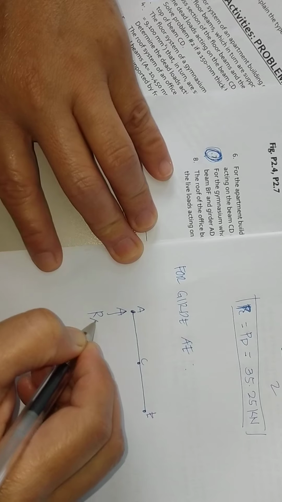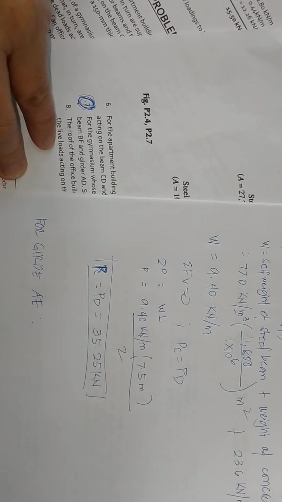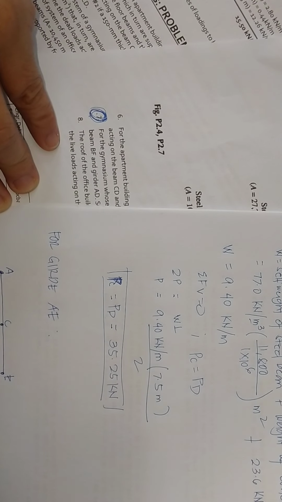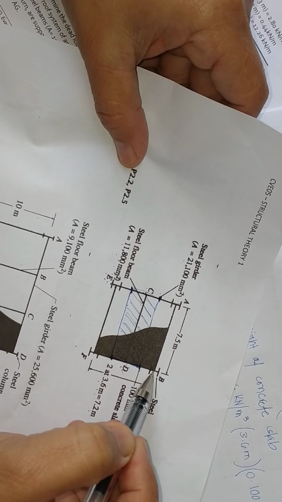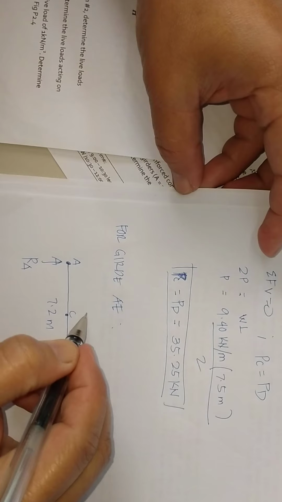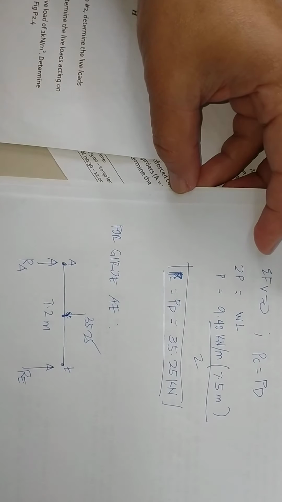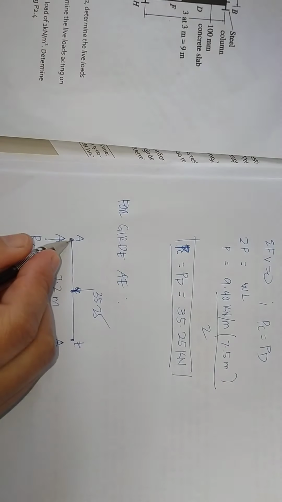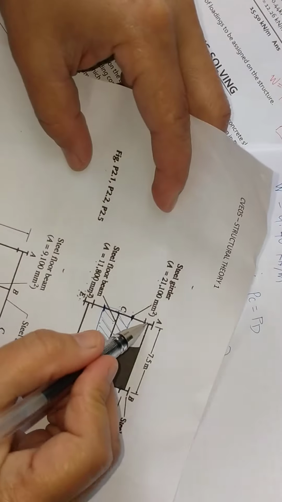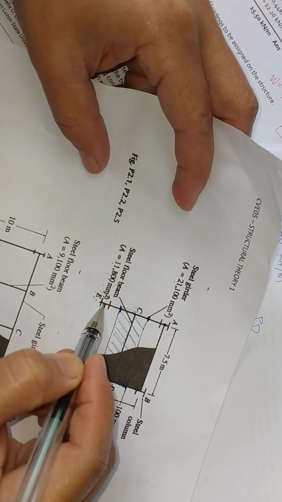This is reaction A, reaction E. The length is 7.2 meter. We already have the concentrated load here, 35.25. So you have to analyze the beam AB in order to get the concentrated load here and the concentrated load at point E.